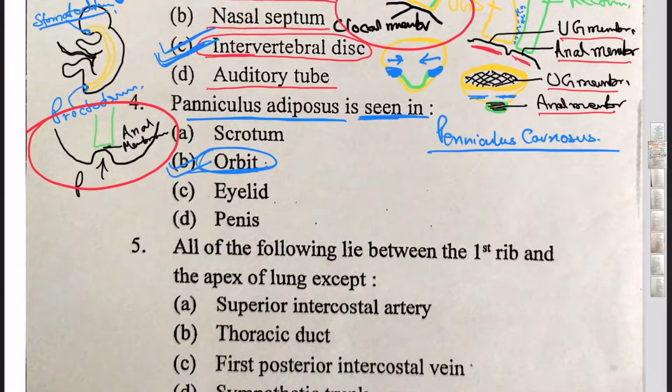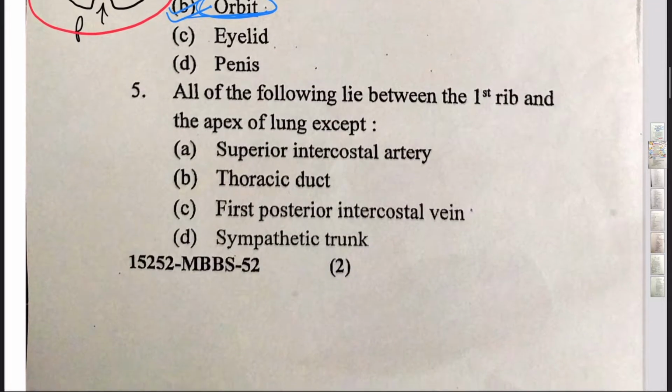Later that orbital septum splits to form the palpebral fissure, and the fat within the orbit is not a part of panniculus adiposus. Panniculus adiposus means subcutaneous fat. So, ruling out the other three options, the answer becomes orbit, but it is not a satisfactory answer. Okay, next let's move to question number 5.